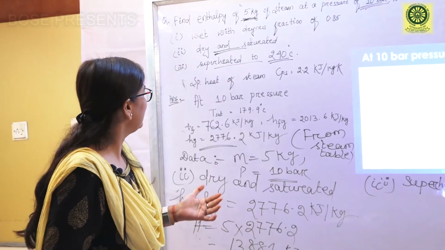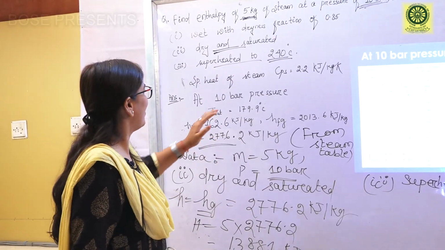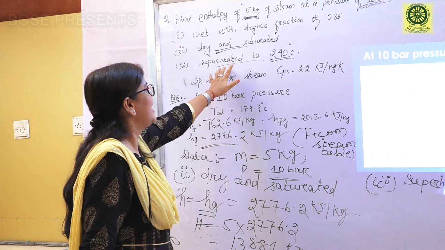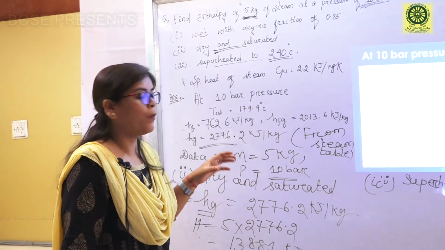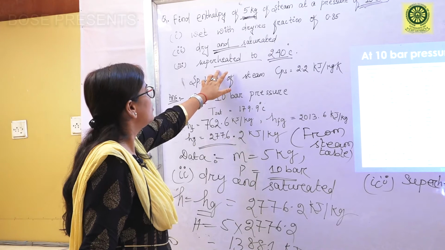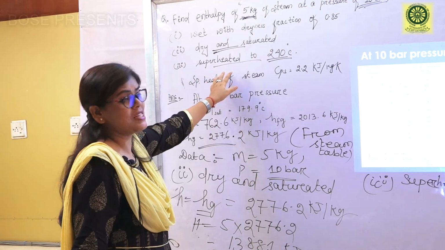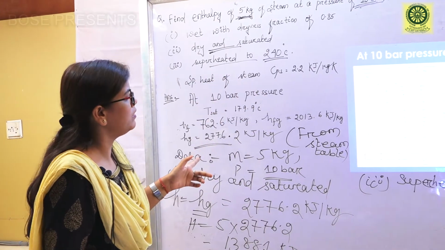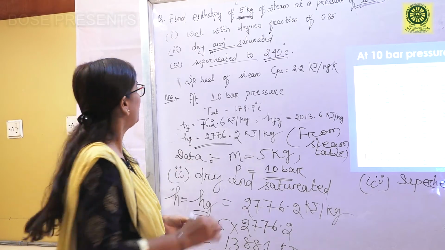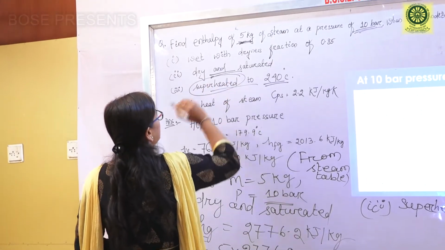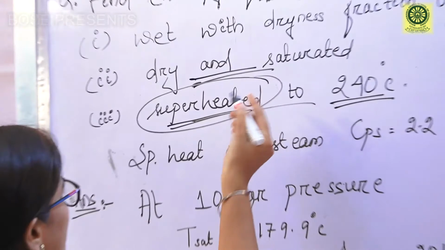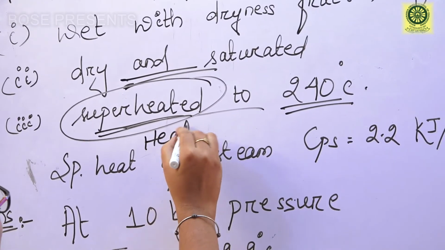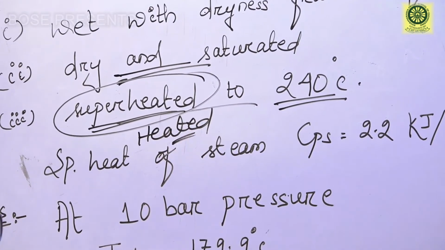But suppose in some questions you have seen that it is not written that it is in superheated condition. So how to find out that the steam is in superheated condition? For that purpose, first you check. Suppose instead of superheated steam, it is only written that it is heated to 240 degrees centigrade. Then how will you find out?